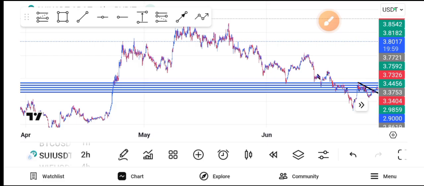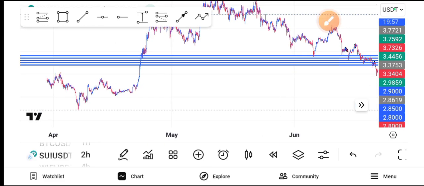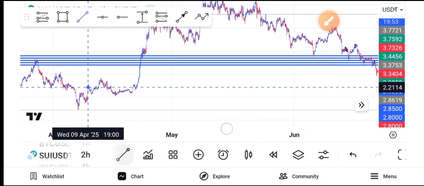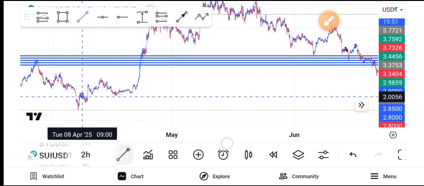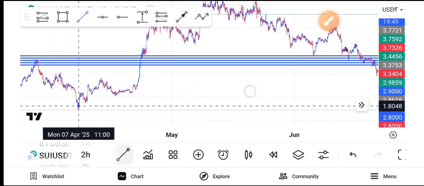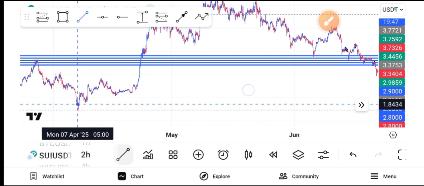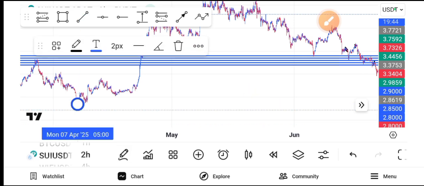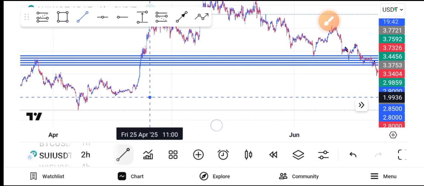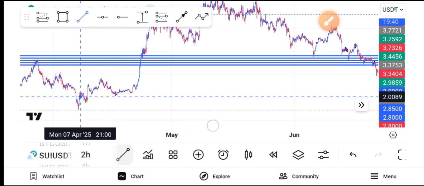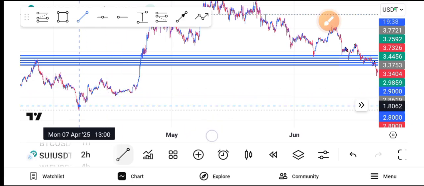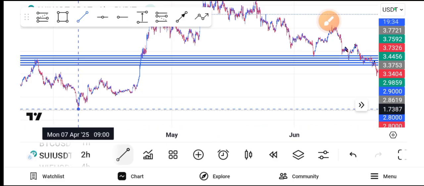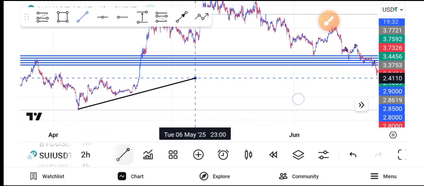Let me put my trend line here and connect the trend line. Let me put it in a very good point, which is here. I believe you can see. All right, now let me put it here, then take my trend line up.